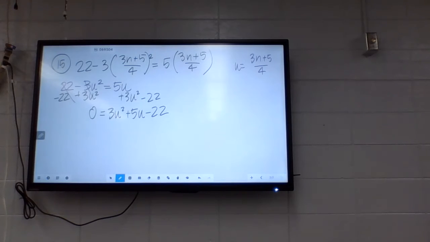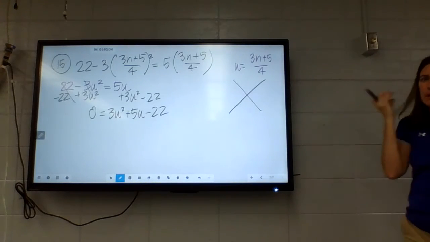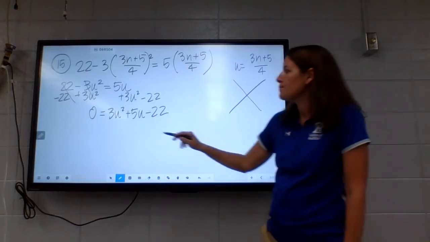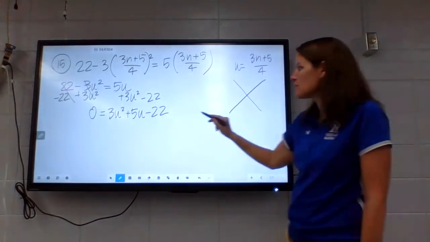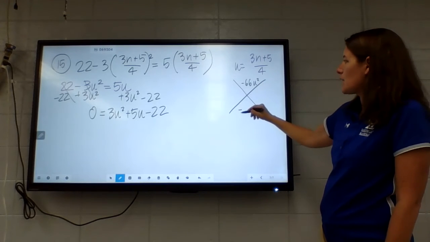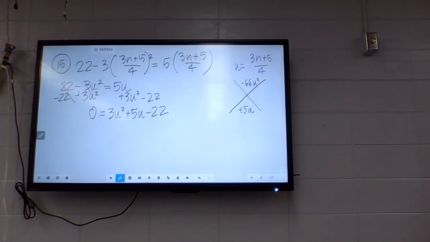Now when you factor something like this, you can use guess and check. Again, when I taught it to you guys, I always use this, but it's kind of up to you guys, whatever you're comfortable with. So in this case, I do 3 times negative 22, so that's a negative 66, and I want to add to get 5. So I want to multiply to get negative 66, but add to get 5.